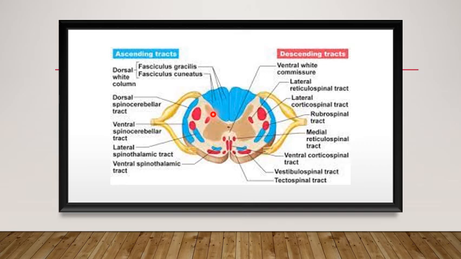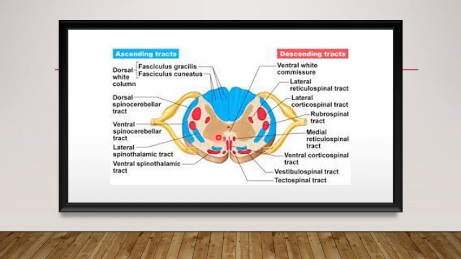They include the dorsal column tracts or dorsal column fibers. Then you have spinothalamic tract, spinocerebellar tracts, spinotectal tracts, and spino-olivary tracts. Okay, so these are the ascending tracts, students.